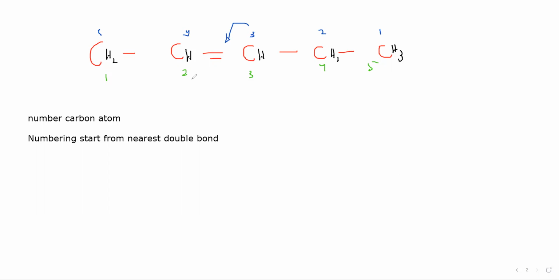So the second carbon is having a double bond. So we should follow numbering from left to right. So how many carbons are there? It contains 5 carbons. So 5 carbon, it is pent. And because the double bond is at the second position, it is 2, and ene because there is a double bond. So it is pent-2-ene.